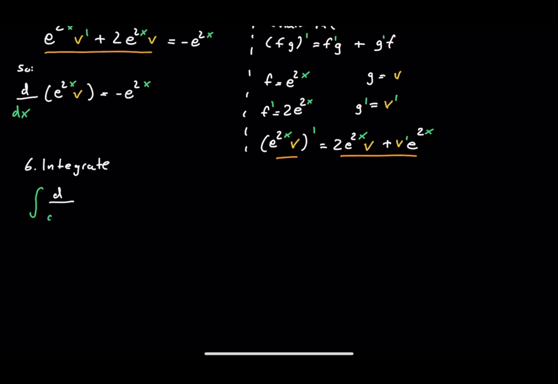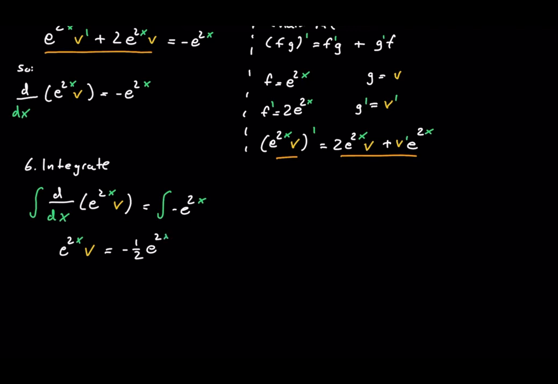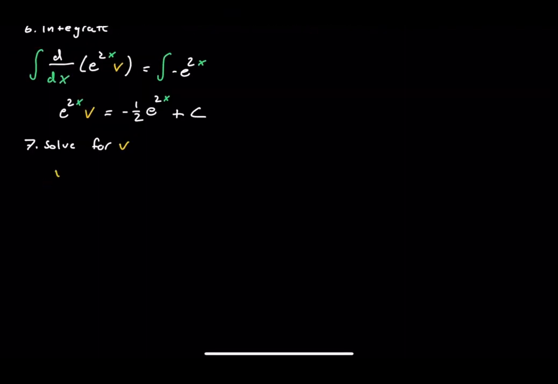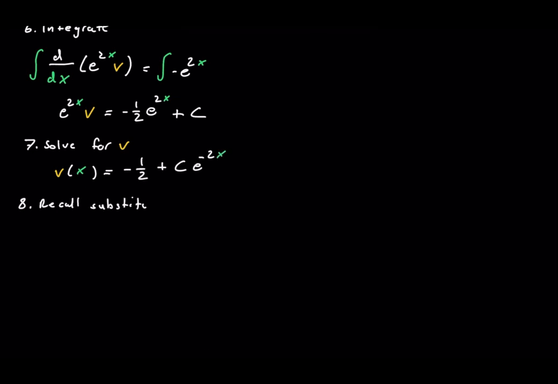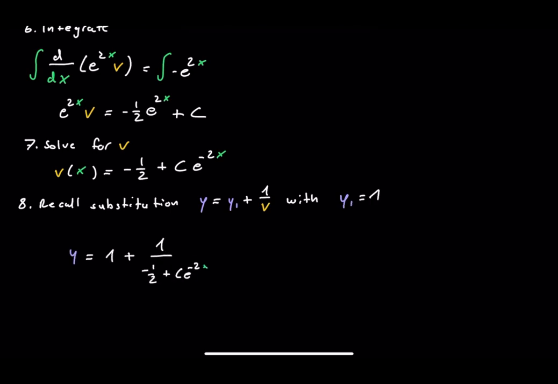Integrate both sides with respect to x. e to the 2x v equals negative 1/2 e to the 2x plus c. Solve for v. v equals negative 1/2 plus c e to the negative 2x. Now substitute back into y equals 1 plus 1 over v. That gives y equals 1 plus 1 over negative 1/2 plus c e to the negative 2x.